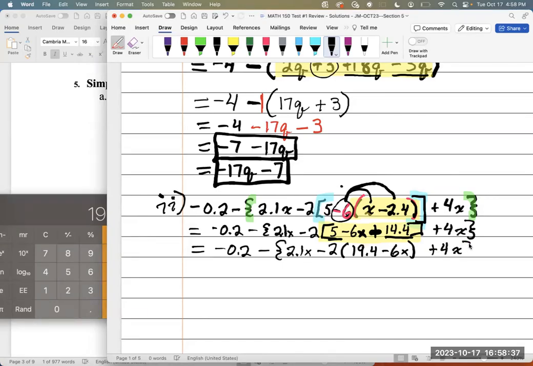And yes, I switched from brackets to parentheses. That's fine, no big deal. So now I'm focusing on all of this inside here. And I recognize I have this set of parentheses, but one term has a variable, the other does not, so that is simplified. I notice that I'm multiplying by this negative 2. So here we go, write down the pieces you're not using.